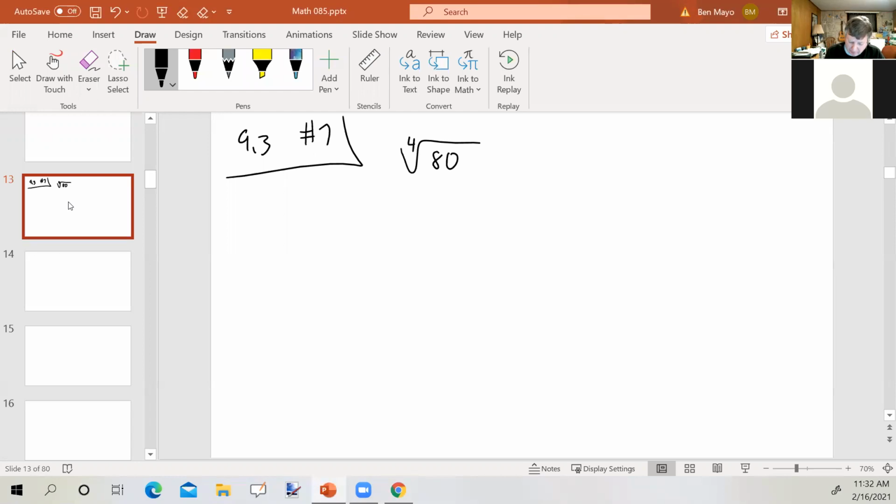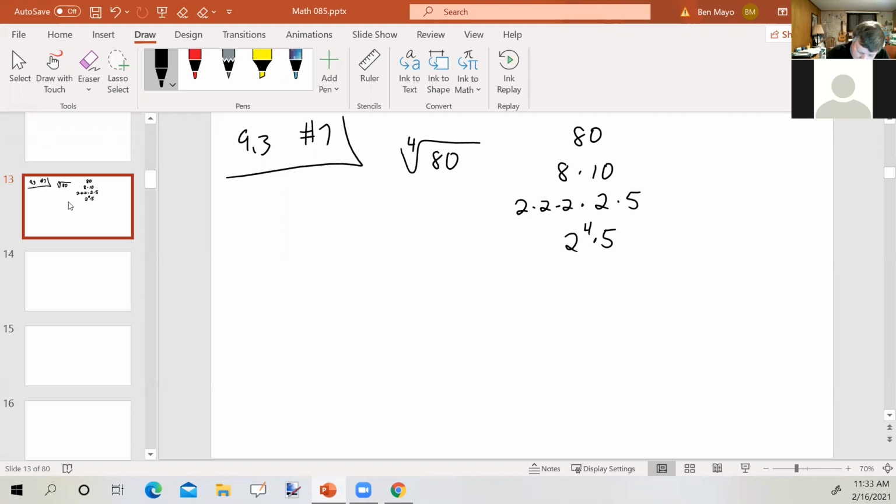Now, 80 could be broken down to 8 times 10. 8 is 2 times 2 times 2, and 10 is 2 times 5. So I have 2 to the 4th power times 5. Any question about how I got that?